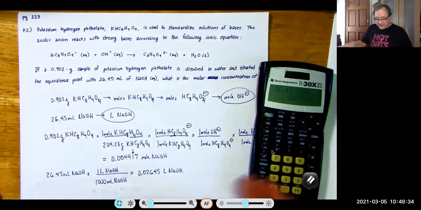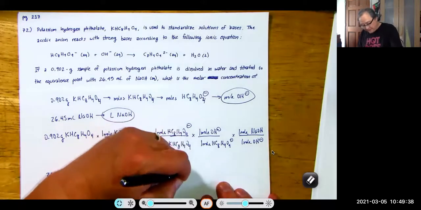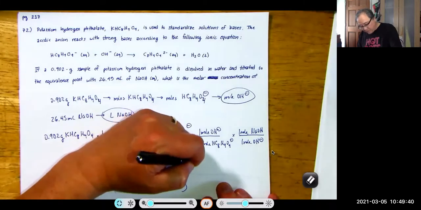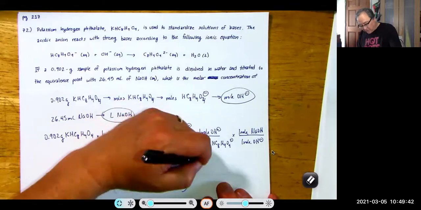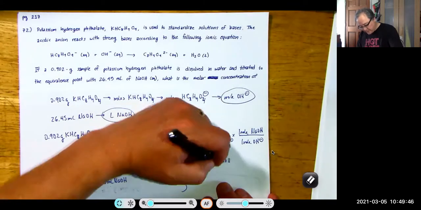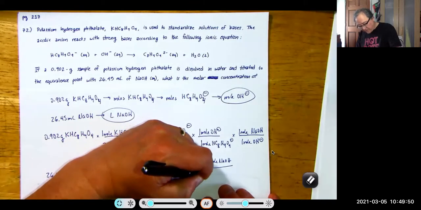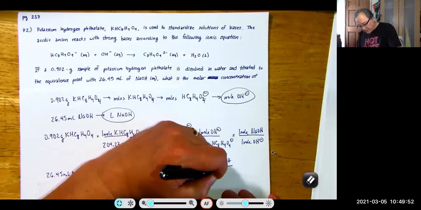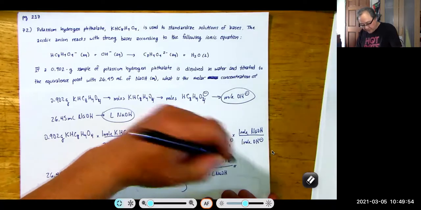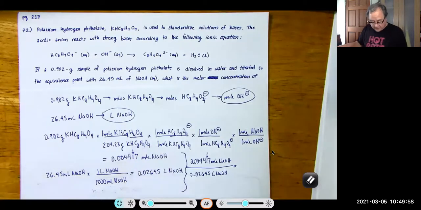Now I'm going to take these two numbers and together calculate the molarity. So we have 0.004417 moles of sodium hydroxide per 0.02645 liters of sodium hydroxide. And remember, with this top number, I really only get 3 significant figures.